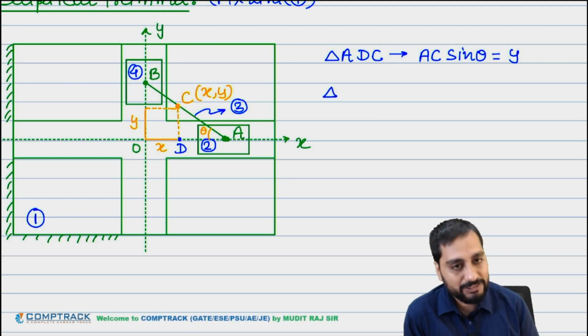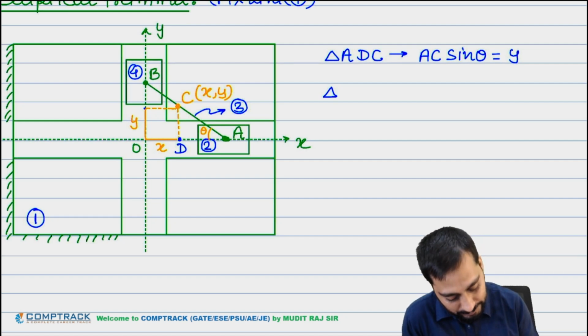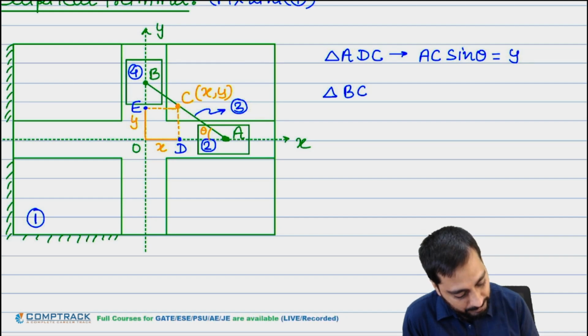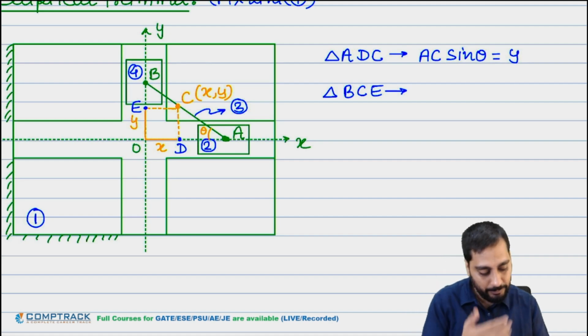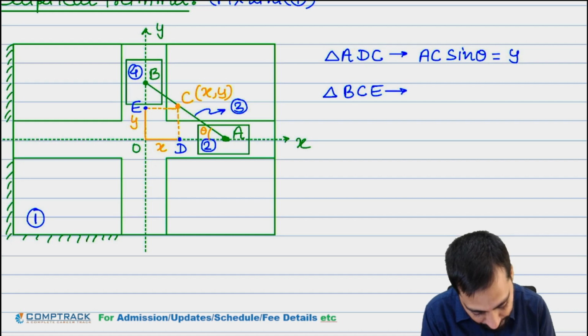And next, take the triangle BCE. This is, let's say, point E. Okay. So in this, here you can see this angle will also be theta.